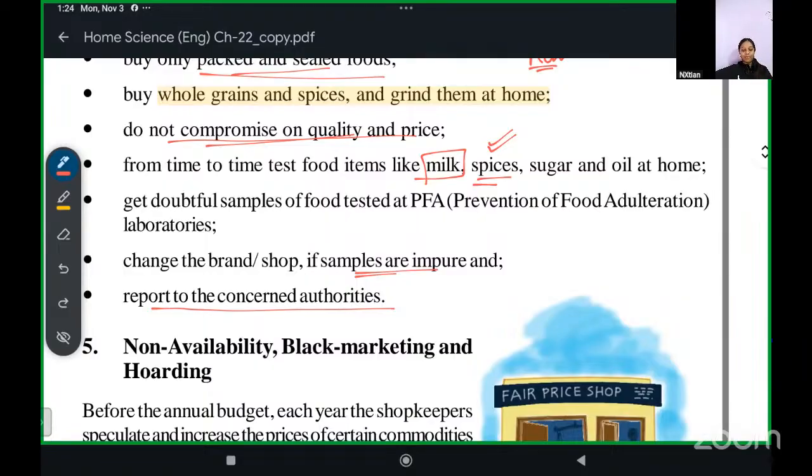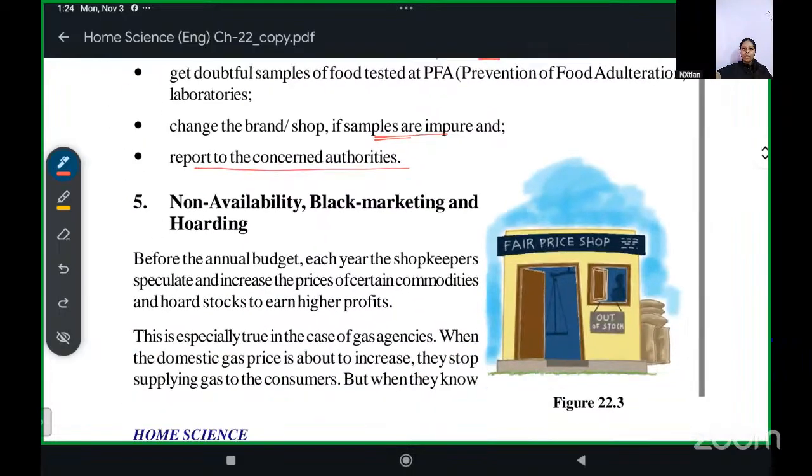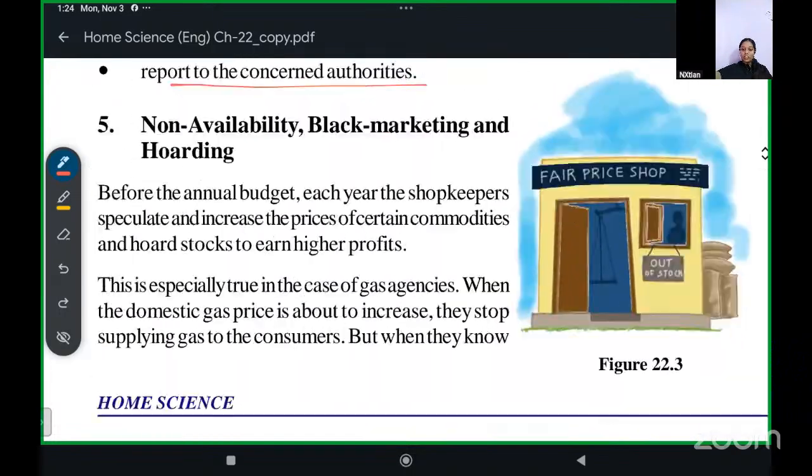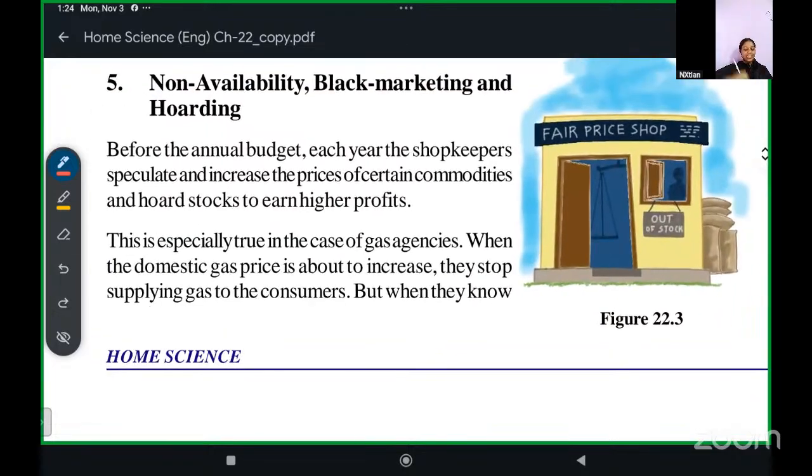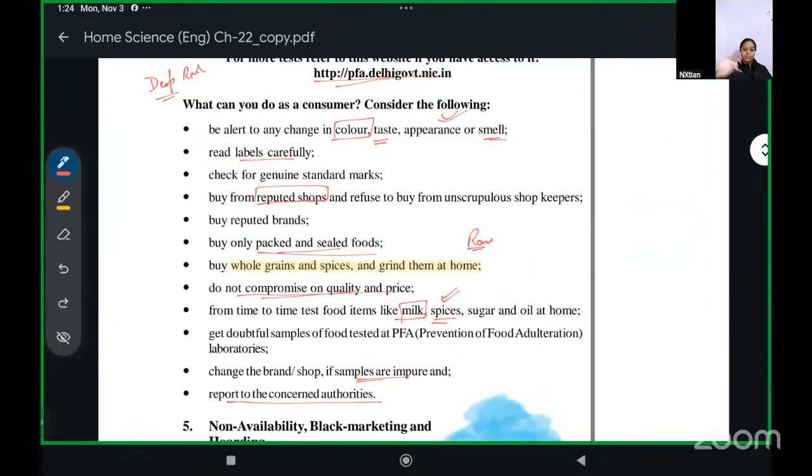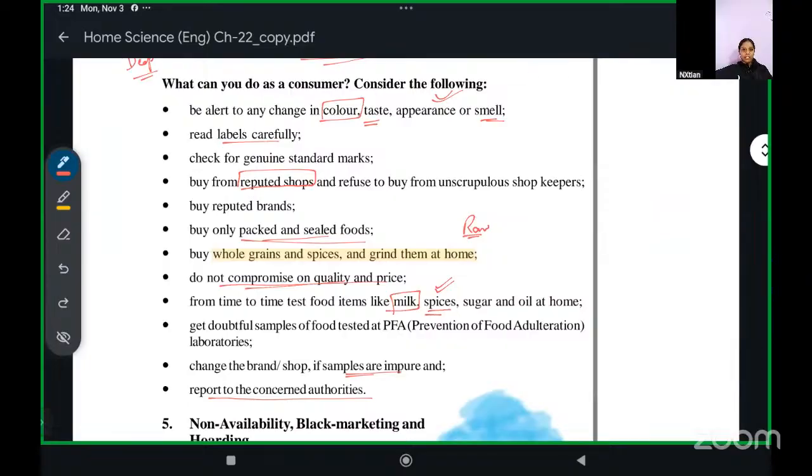We can do tests here. I'll plan this out and let you know. Any doubt in this concept? No? Okay.